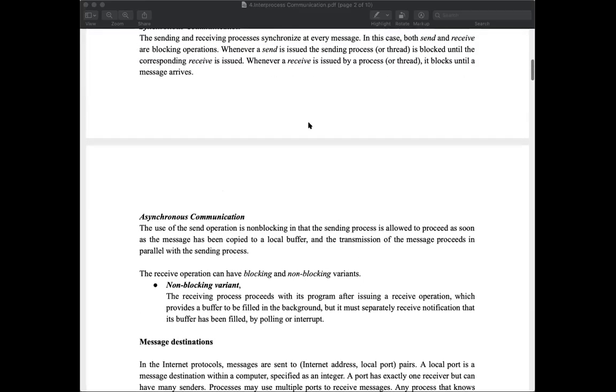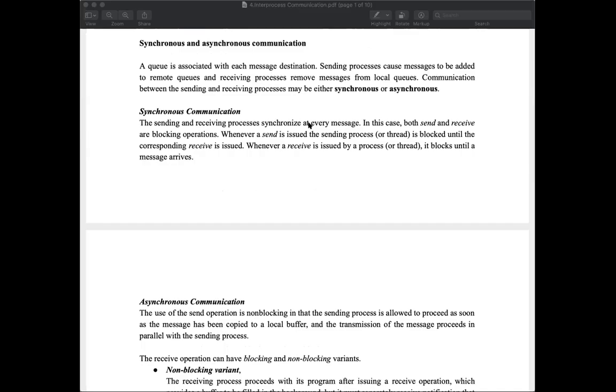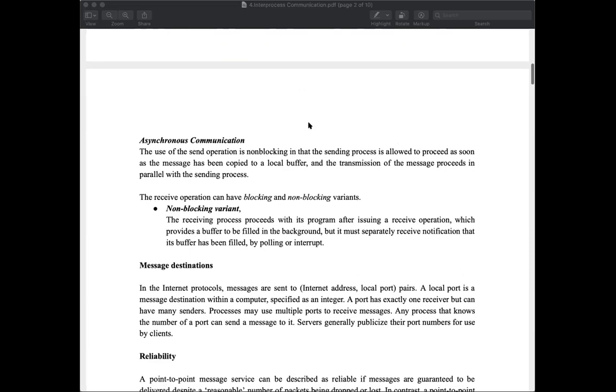In synchronous, both sender and receiver are blocked in between each other. But in asynchronous communication, the sender will not block. We can even come up with some mechanism for the receiving party as well.